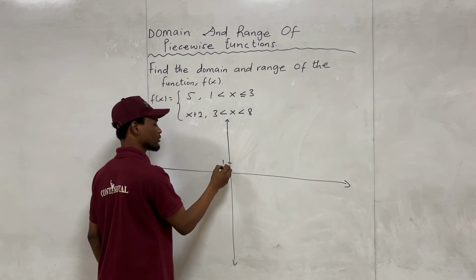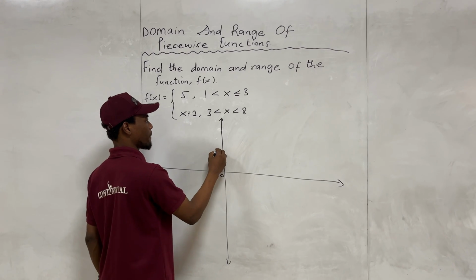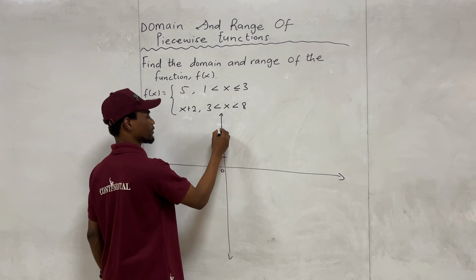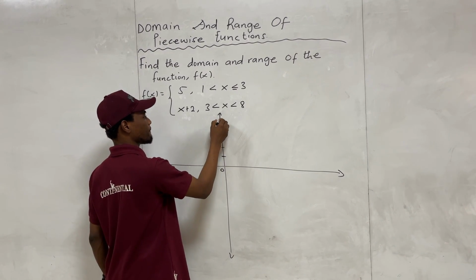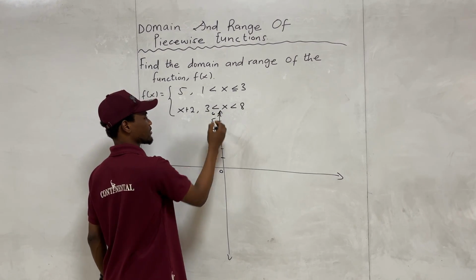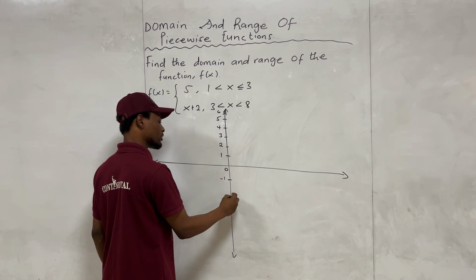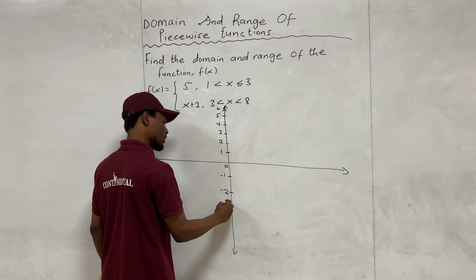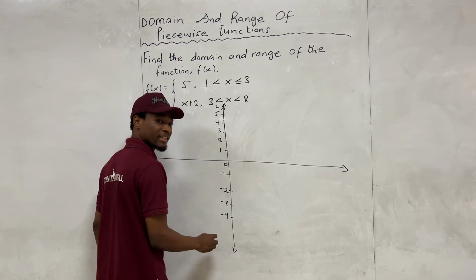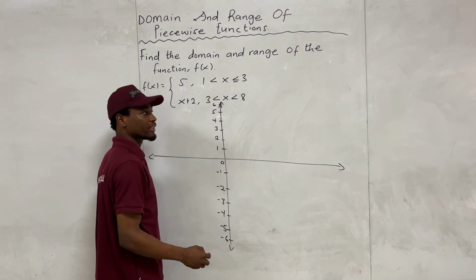Let's have 1, 2, 3, 4, 5, 6. All right. Let's have -1, -2, -3, -4, -5, -6.